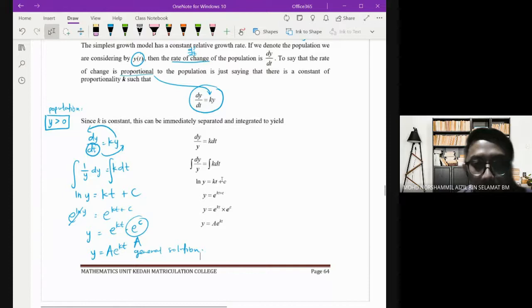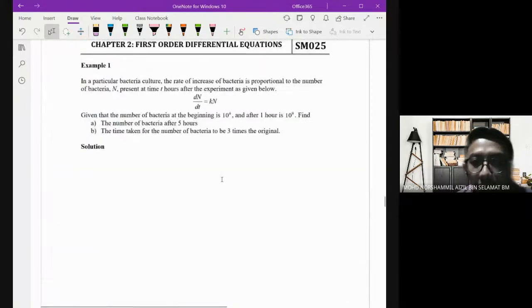Ada? Okay lah. Alright. So let's proceed with example number 1. Example number 1 given to you in a particular bacteria culture, the rate of increase of bacteria. So we are talking about bacteria. Dia akan increase, so dia punya coefficient will be positive lah.